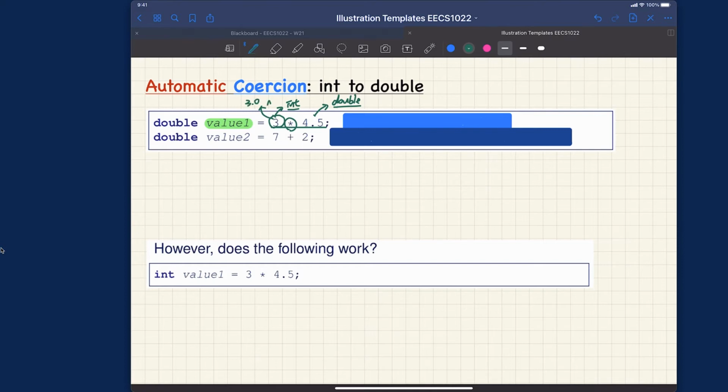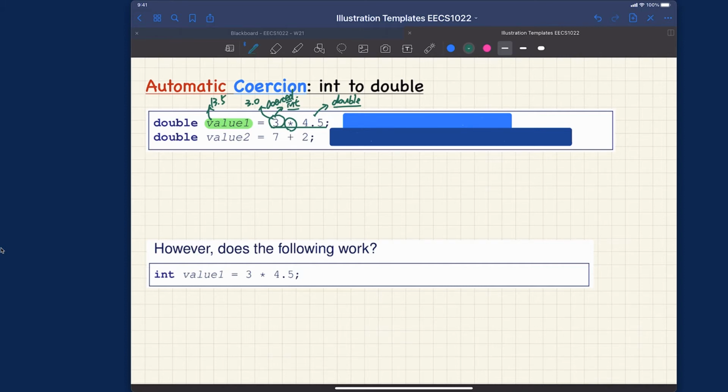This is called coercion. So after this, you're going to have 3.0 multiplied by 4.5, which means value1 is going to store 13.5. Okay, so that's the first instance of coercion.